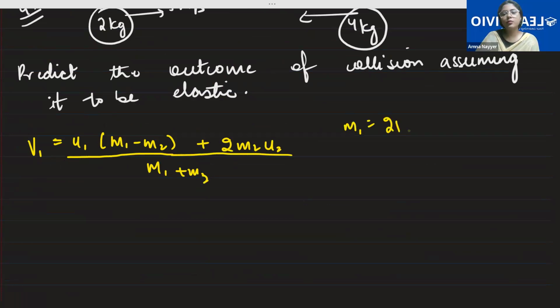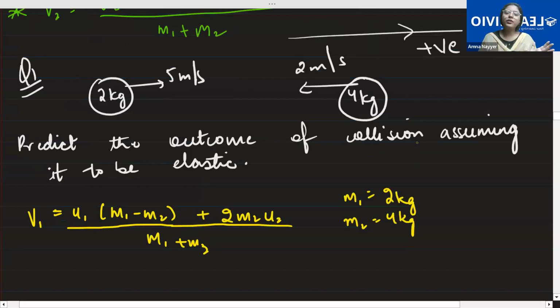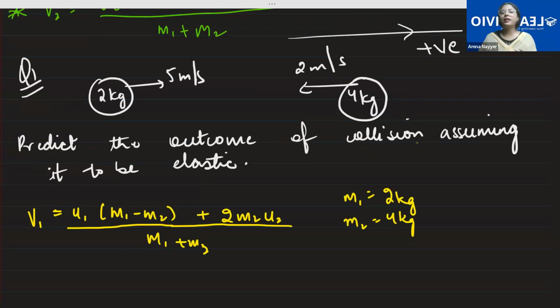So M1 is equal to 2 kg, M2 is equal to 4 kg. We'll choose a sign convention, class. Like if we are moving from the right to the left, that will be taken as positive, and if we go against it, that will be taken as negative.